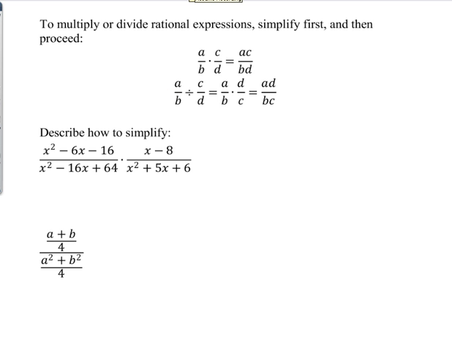Alright, so let's simplify this mess. And this is the sort of mess we'll see a lot this year. That's a big mess. What would be nice is if I didn't have to FOIL all that out. So, how many of you want to FOIL it out?